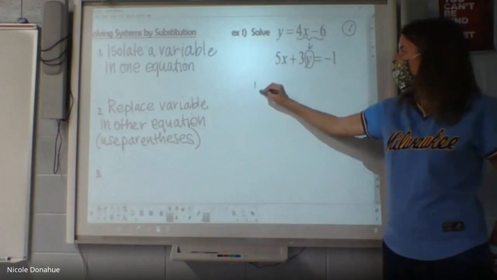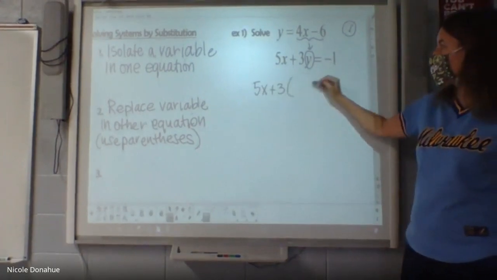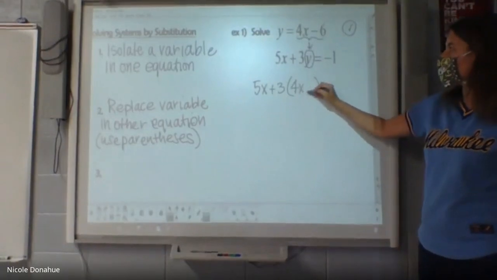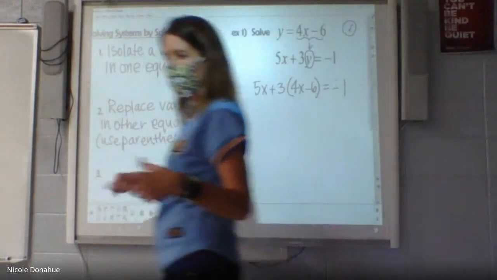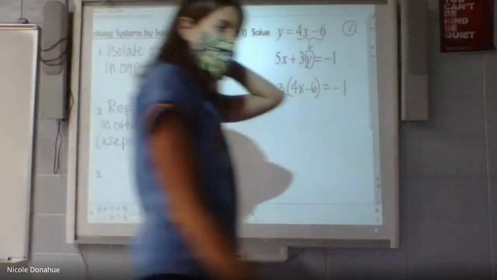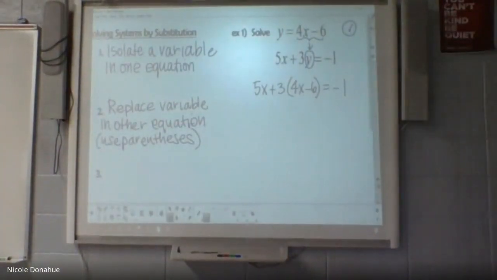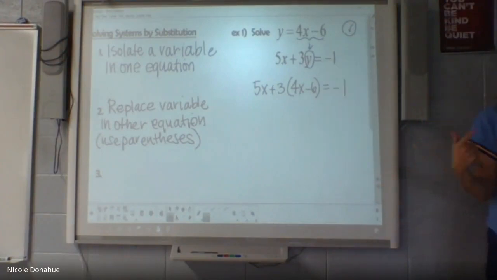So, I have 5x plus 3. Instead of y, I'm going to put 4x minus 6. So I'm replacing that y value with 4x minus 6. Because now we're down to just one variable. We've gotten rid of the y in that equation, and we're down to just a single variable, which is just x.